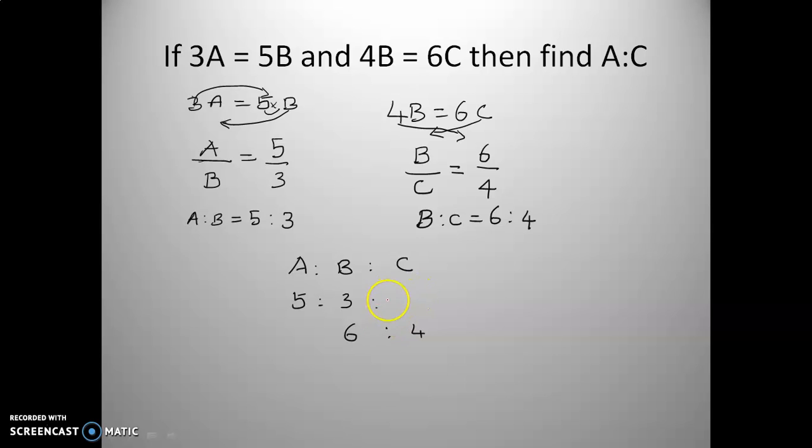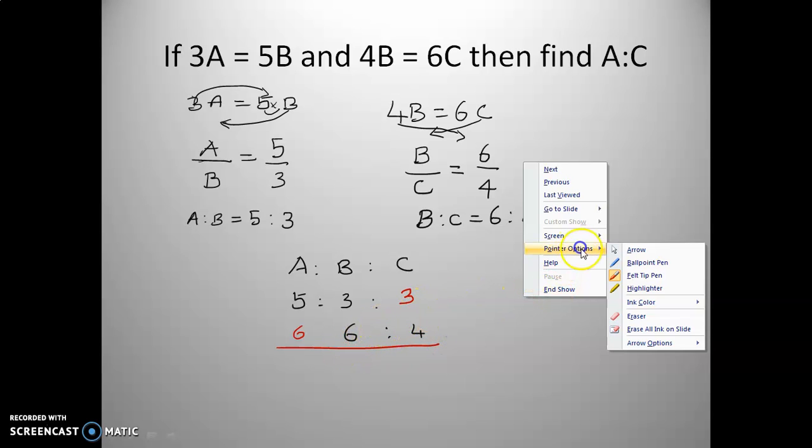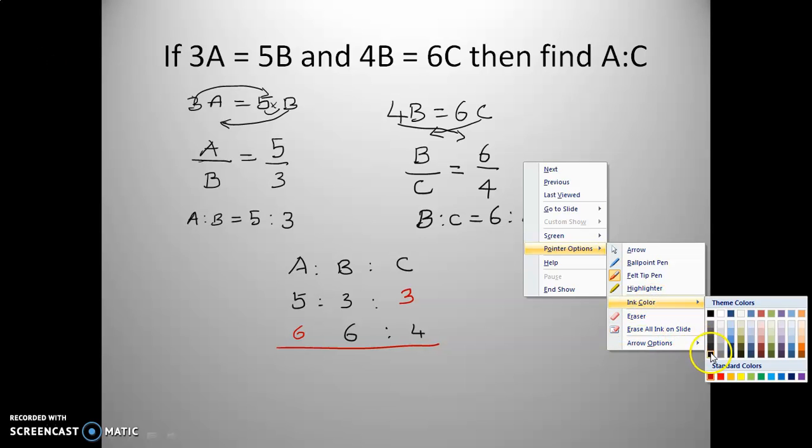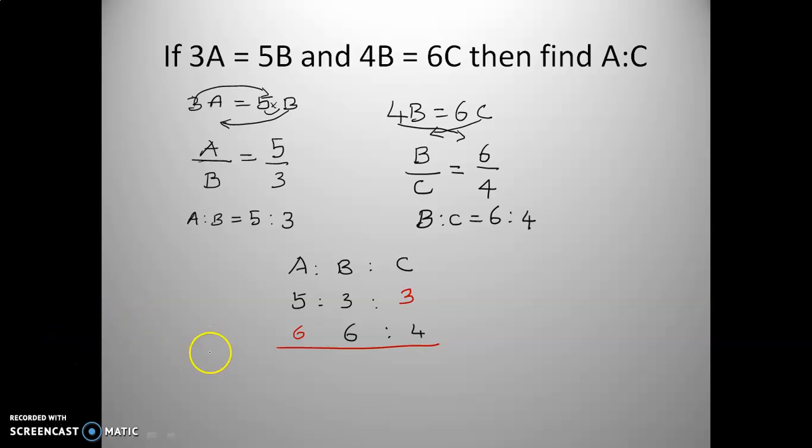Yes, here we will have 3. Here what should I write? 6. Now multiply. Only that extra fitting I am doing in another color, but I forgot previous time. 5 6s are 30. 6 3s are 18. 4 3s are 12.